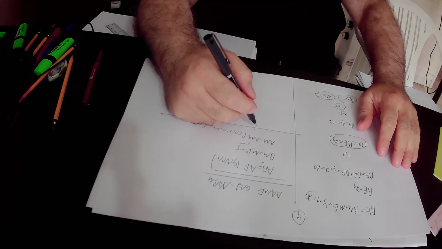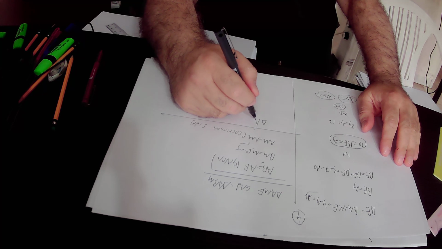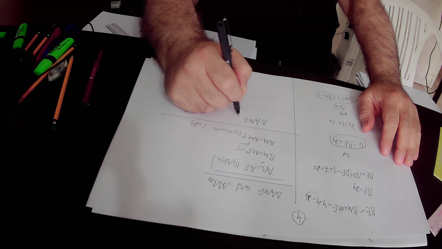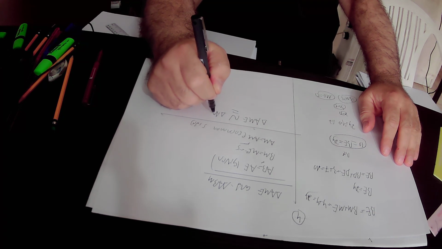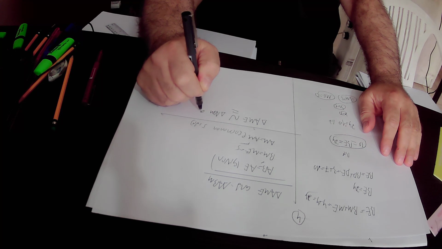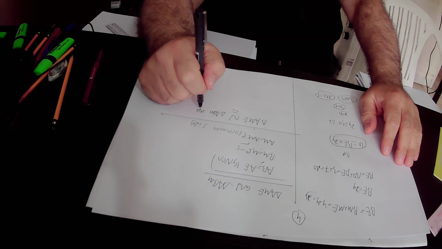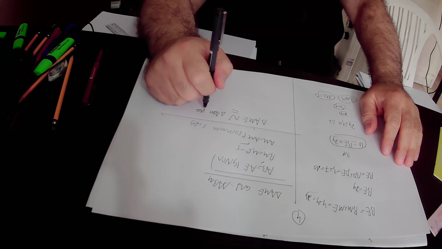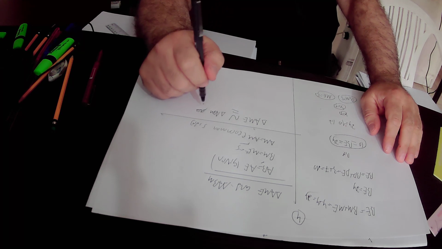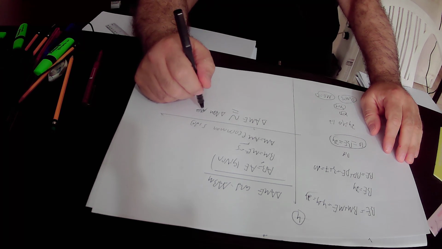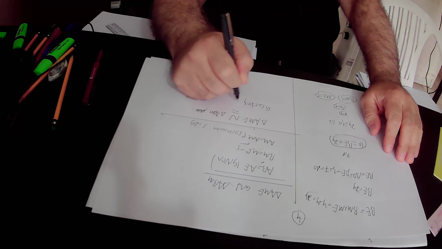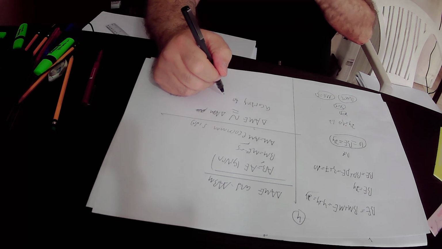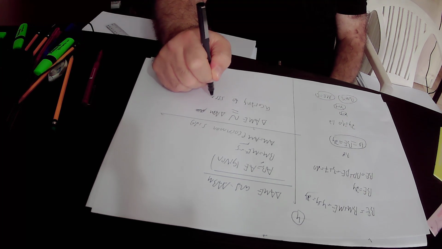Triangle AME is congruent to triangle ABM according to the side rule.